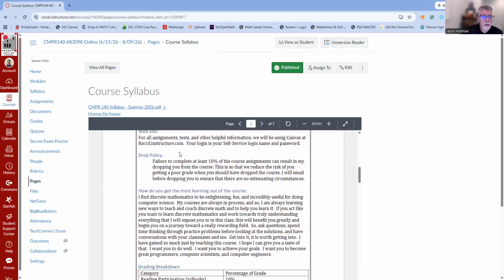Okay. For all assignments, you'll basically be using Canvas. Drop policy: if you do not complete at least 10% of the course, it may result in you being dropped from the course. This is so I reduce the risk of getting a poor grade when you should have been dropped from the course.